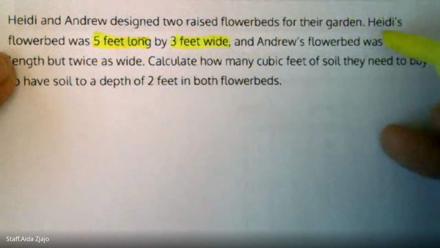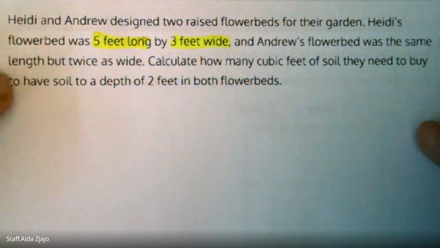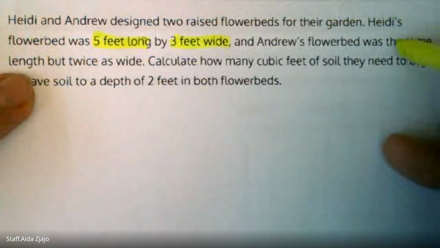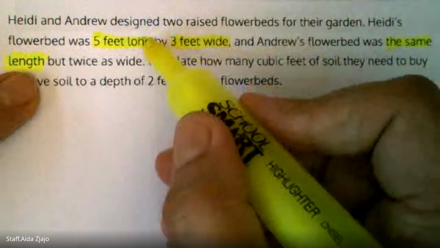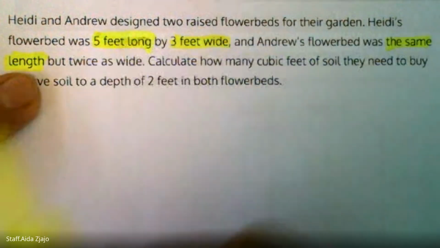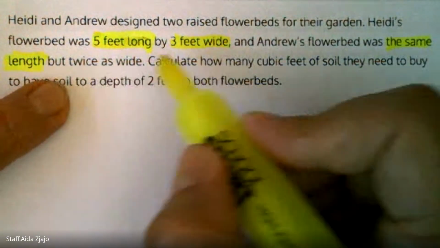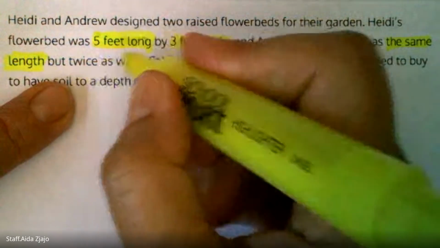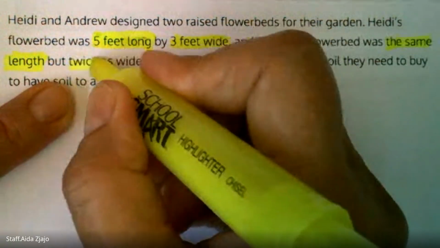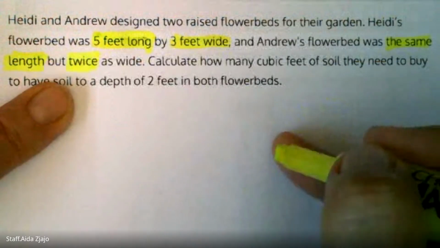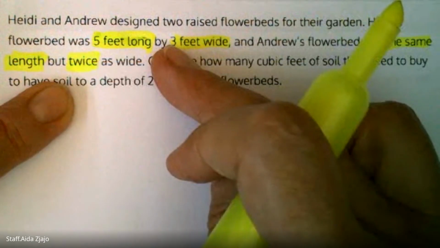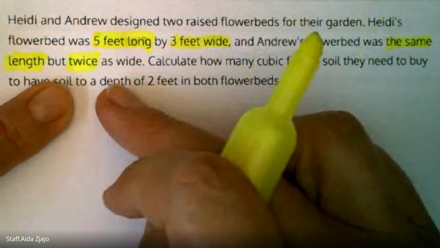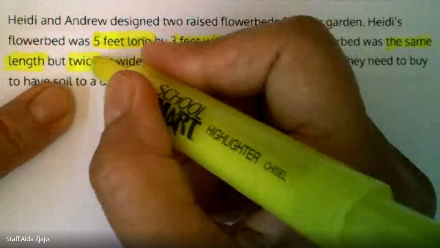And Andrew's flower bed was the same length, 5 feet long, but twice as wide. So instead of 3 feet, it's going to be twice. Twice is double, so double the 3. So it has to be 6 wide for Andrew's.